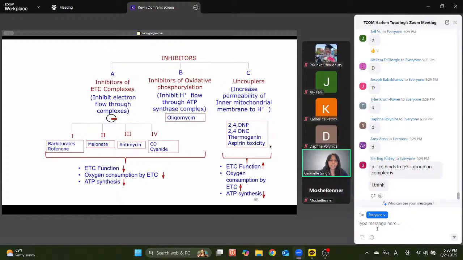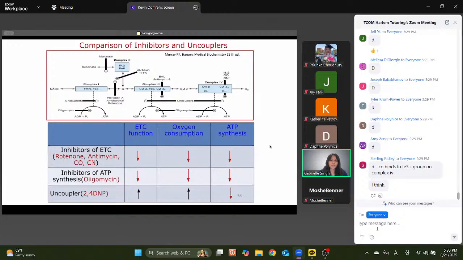If you want to go on to the next slide, it's a chart. Everything here should be decreasing with the inhibitors or uncouplers, except for electron transport chain function and oxygen consumption with uncouplers. That's because the uncouplers increase electron chain function and oxygen consumption by bypassing ATP synthase, so you're decreasing ATP production.